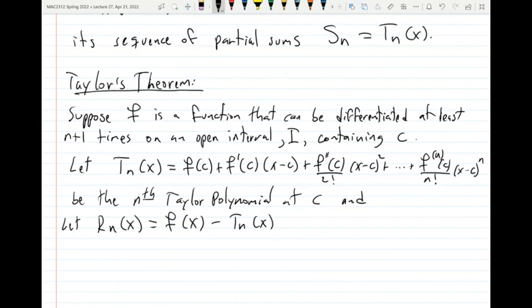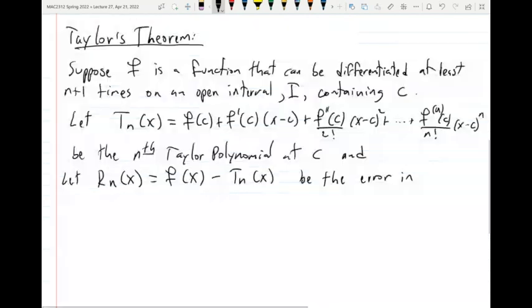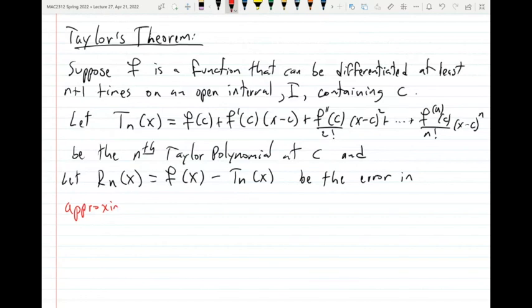So this represents the approximation of f by Tn, because this is the error. So let Rn be the error in approximating f of x by the nth Taylor polynomial.